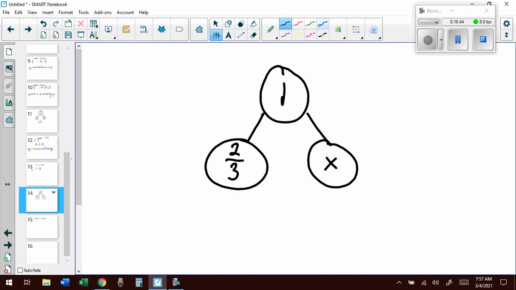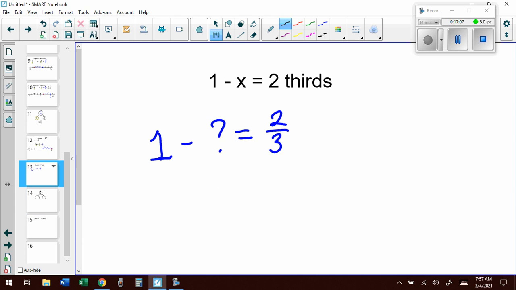Well, in this particular case, since our denominator is 3, 1 equals 3/3. Now we can ask ourselves, 2/3 plus what equals 3/3, or 2 plus what equals 3? 2 plus 1.